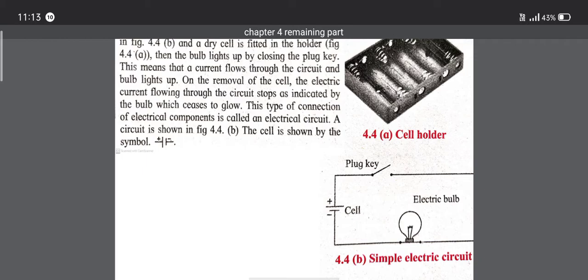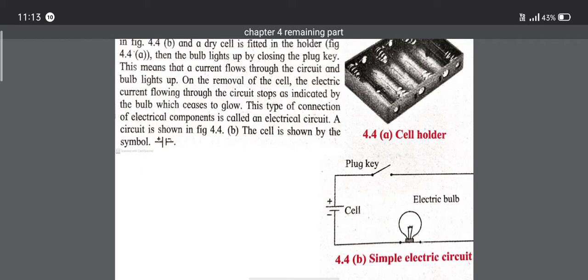So see, when a cell holder, an electric bulb and a plug key are connected by connecting wires, that is copper wire, as shown in figure 4.4b, the second figure, and a dry cell is fitted in the holder, which is figure 4.4a, the above figure.